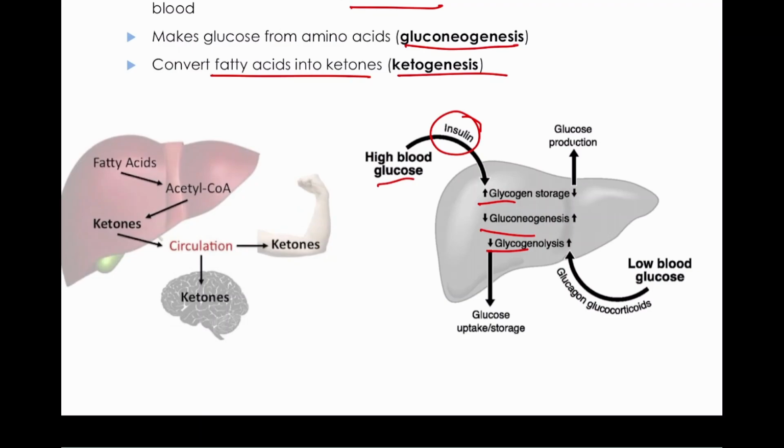The opposite is when you have low blood glucose, we get glucagon to come out, and we'll learn more about glucagon next week. But glucagon is the opposite of insulin. Whatever insulin does, glucagon does the opposite. Insulin lowers the blood sugar, glucagon is going to raise your blood sugar. That's why all the effects are the opposite when it comes to glucagon and glucose production.